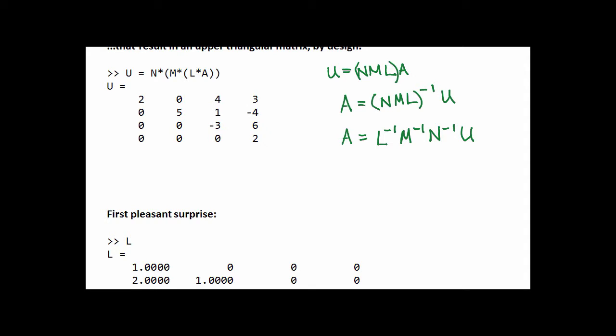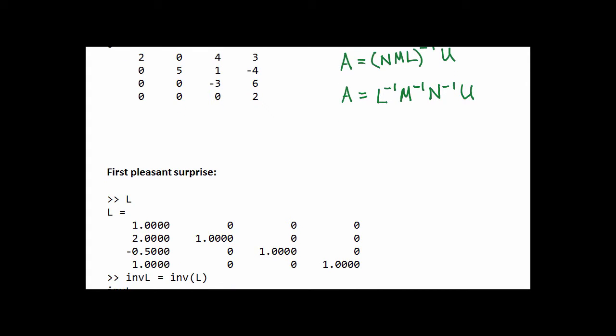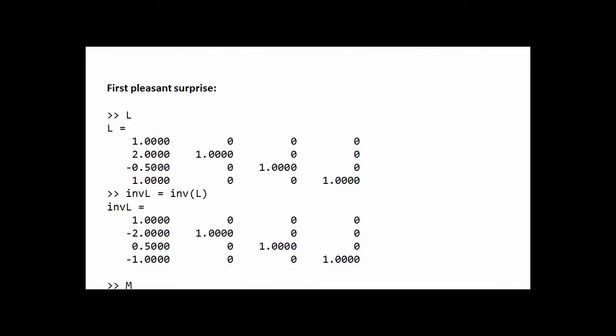Now our first bit of good news is that if we look at these individual matrices, L inverse, M inverse, and N inverse, so here's L again, it turns out that the inverse of L is incredibly simple. Just take the entries below the diagonal and turn them into negatives. So 2 became negative 2, negative a half became 1/2, 1 became negative 1, and that's it.